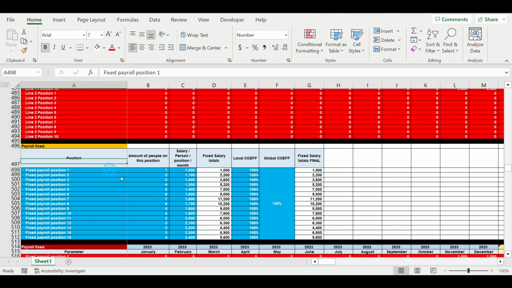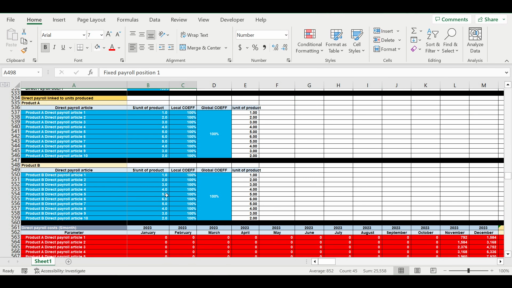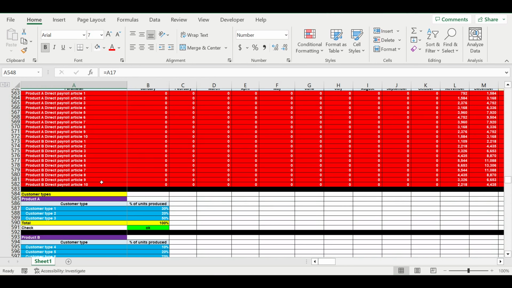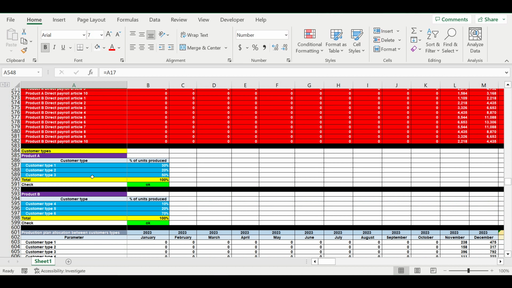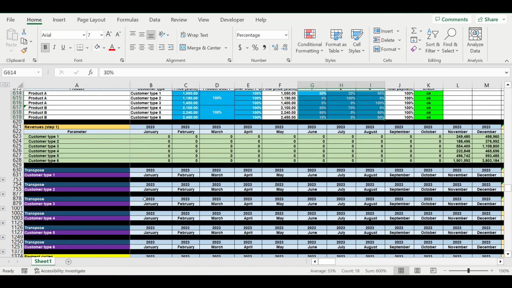Then we describe the fixed payroll, and the payroll linked to the amount of units produced of product A and product B. Then we assume that we have different types of customers for product A and product B, and each type of customer has its own pricing and the way that this type of customer pays us for the products we sell to him.